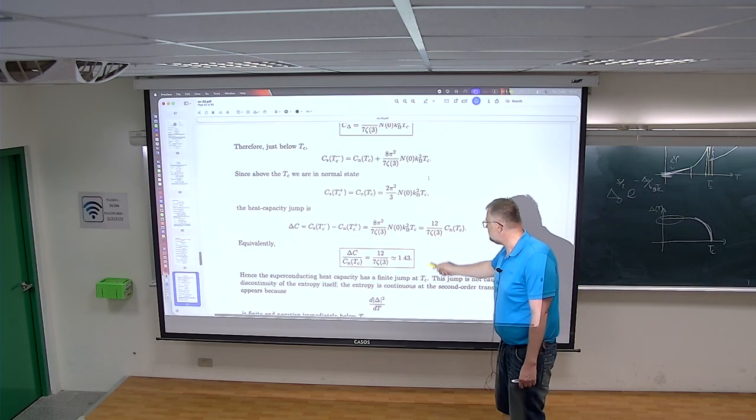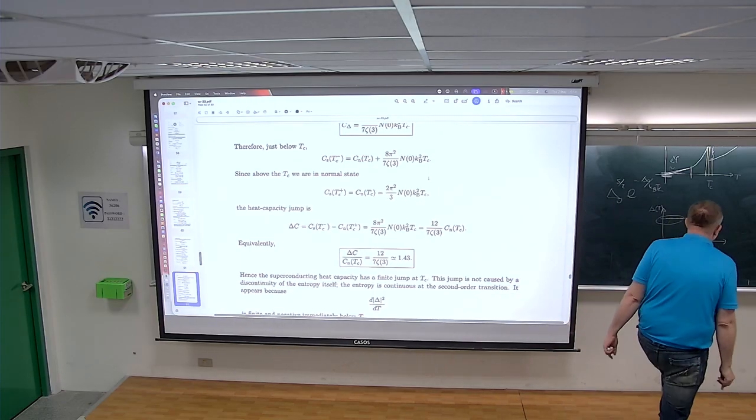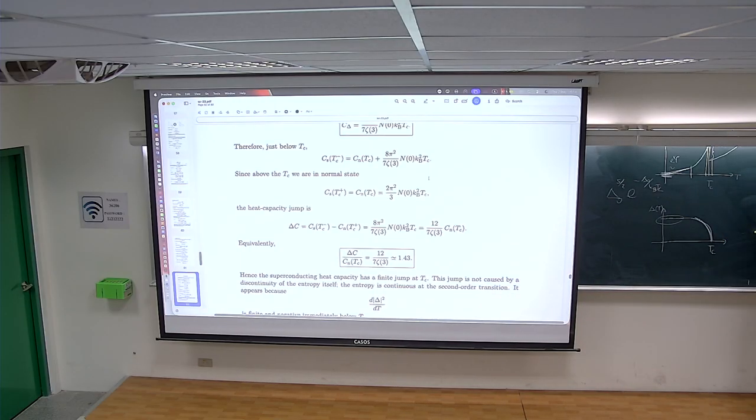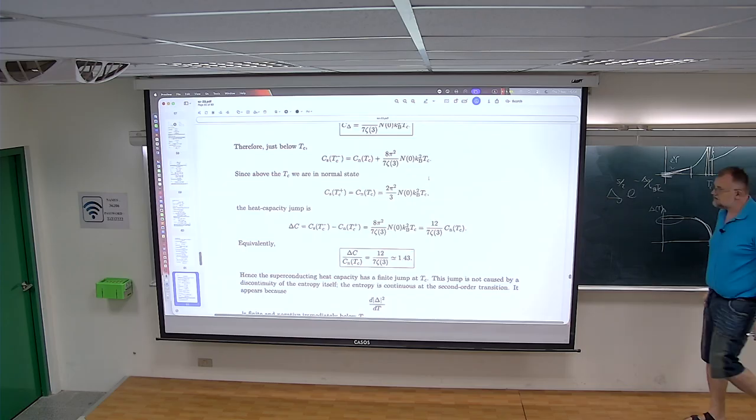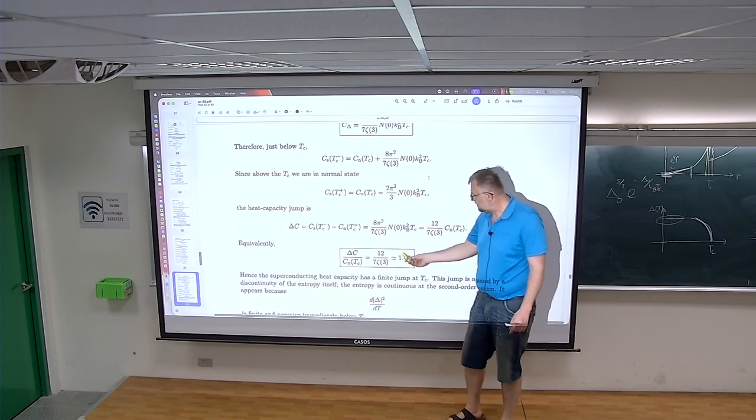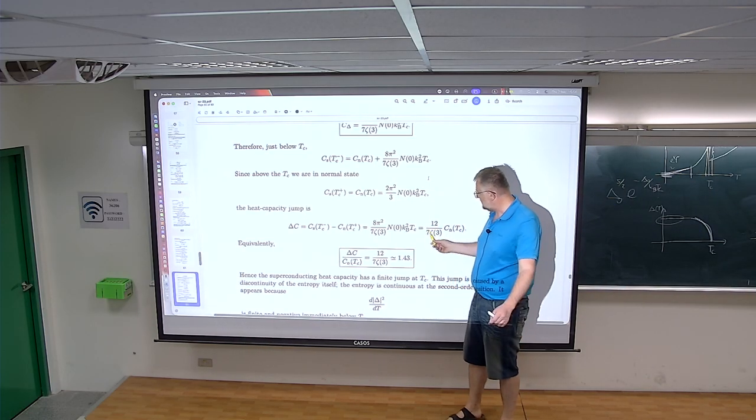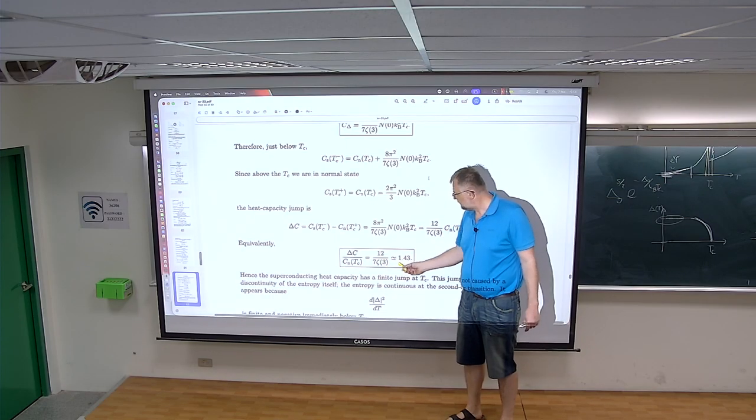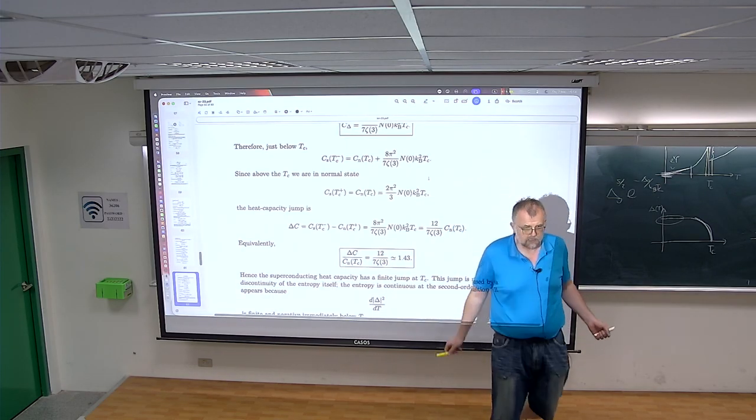So you are getting this fantastic prediction of the BCS theory, which is confirmed: the change of the heat capacity, the superconducting heat capacity minus the normal heat capacity divided by Cn, is a universal function. It's a universal number. And it's just 12 divided by 7 times the zeta function of 3, and it's some number, 1.43.